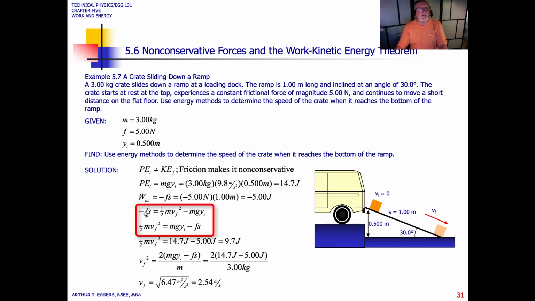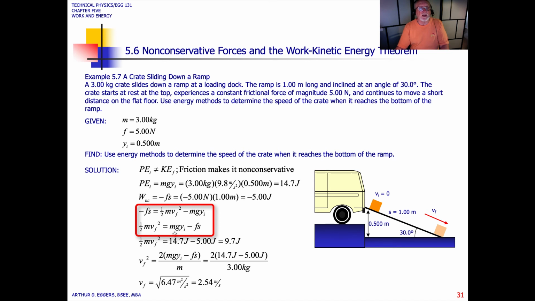So minus Fs we then set equal to 1/2 mv final squared minus mgy. We're going to move terms around here because we're trying to solve for the velocity. So 1/2 mv final squared is equal to mgy initial minus the frictional work Fs.